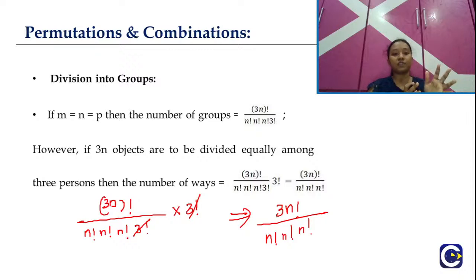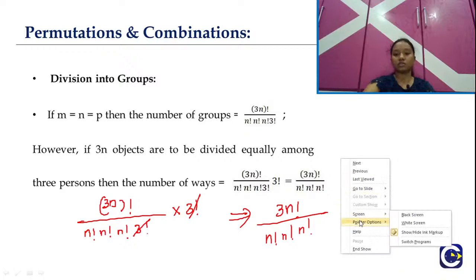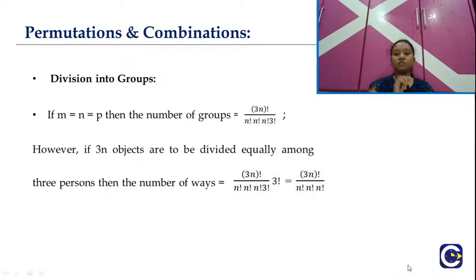So these are our divisions into groups. First we have taken 2 groups, and second we have taken the case of 3 groups. Let's just recall all these formulas once. The first one is 2 groups, that is m plus n factorial by m factorial into n factorial.